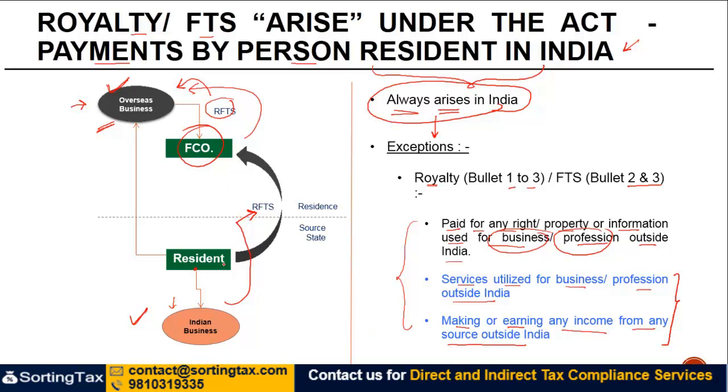If this resident makes any income outside India, right, and for the purpose of earning that income, it is making a payment of royalty or FTS, right? In that case, those royalty or FTS would not be treated as arising in India, right?